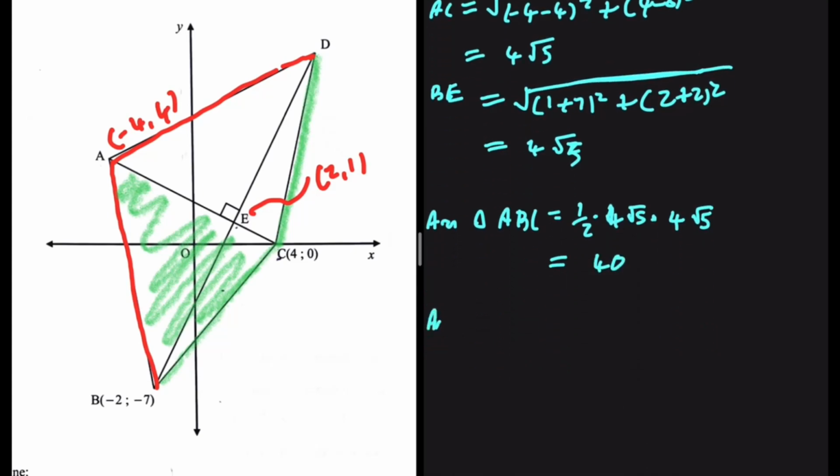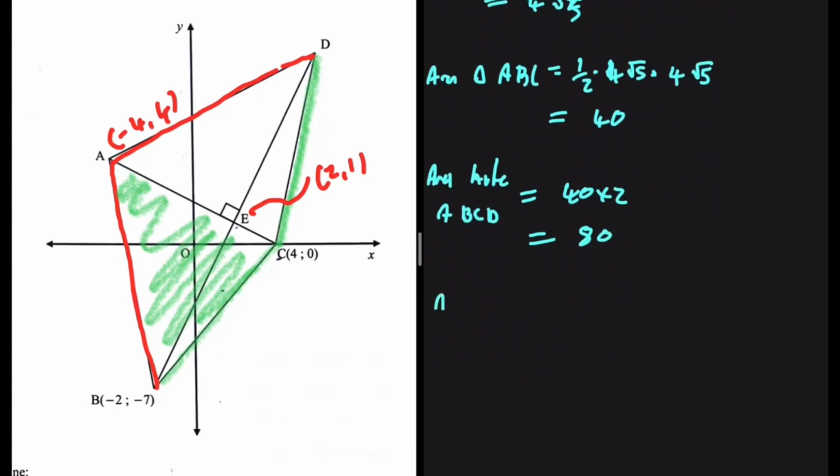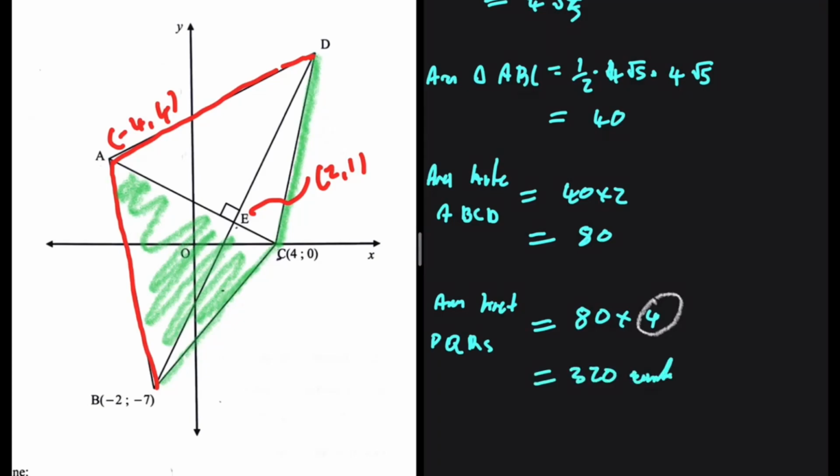So the area of our kite ABCD will be equal to 40 multiplied by 2, which is 80. And now the area of our kite PQRS will be equal to 80 multiplied by 4 and not 2. This is equal to 320 units squared.